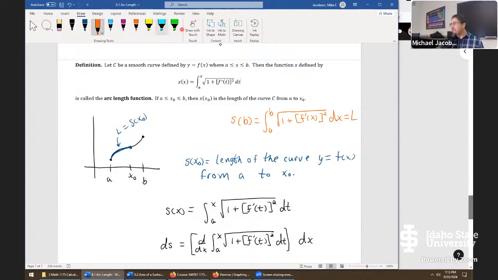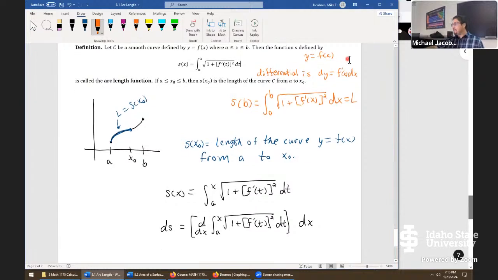Okay, just a quick reminder: if y equals f of x, then the differential is dy equals f prime of x dx. So this is like the dy, this is playing the role of the f prime of x, and that's the dx on the far right end of that differential equation.